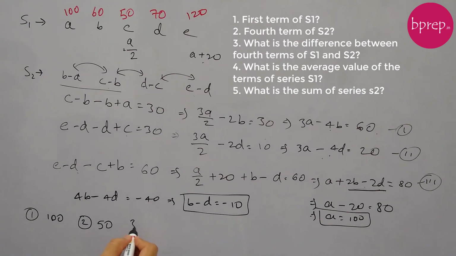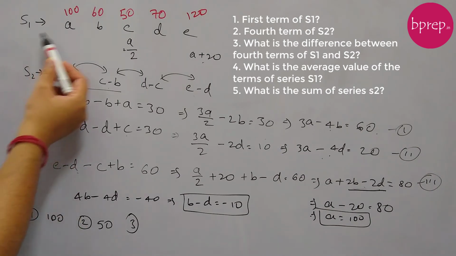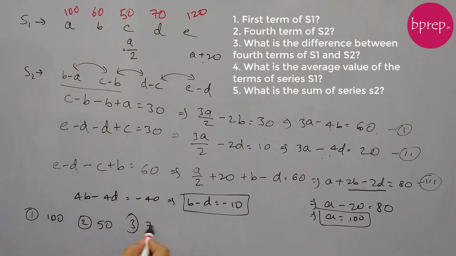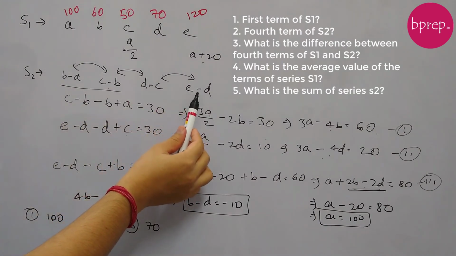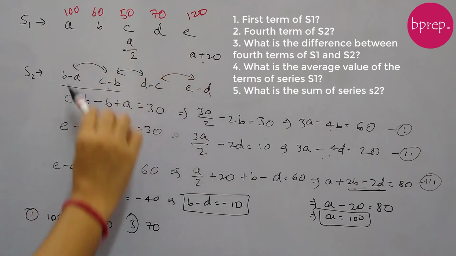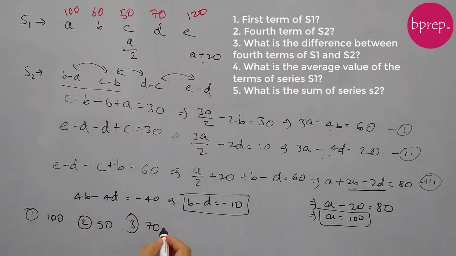Third question: what is the difference between the fourth terms of S1 and S2? The fourth term of S1 is 70, and the fourth term of S2 is 120 minus 70, which is 50. So 70 minus 50 will be 20.